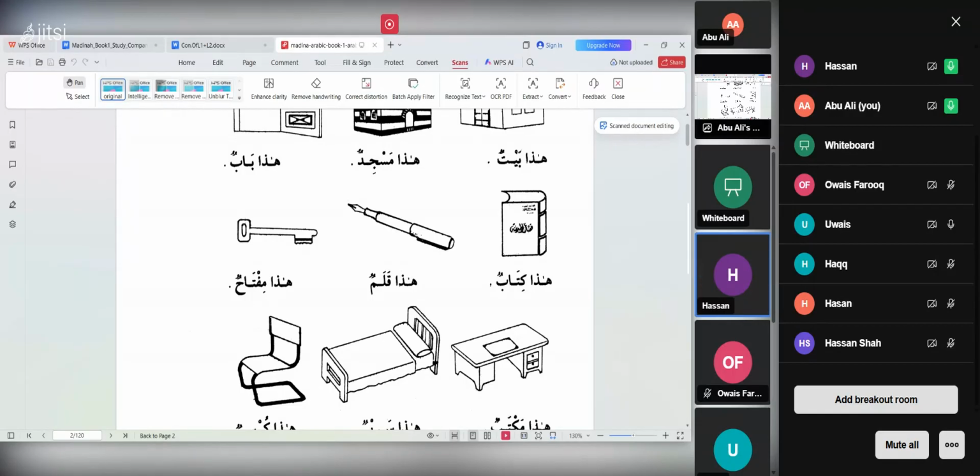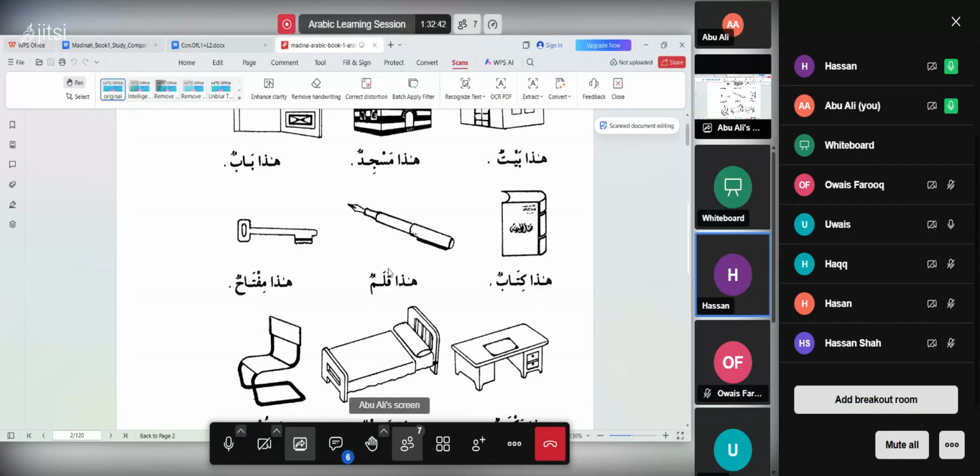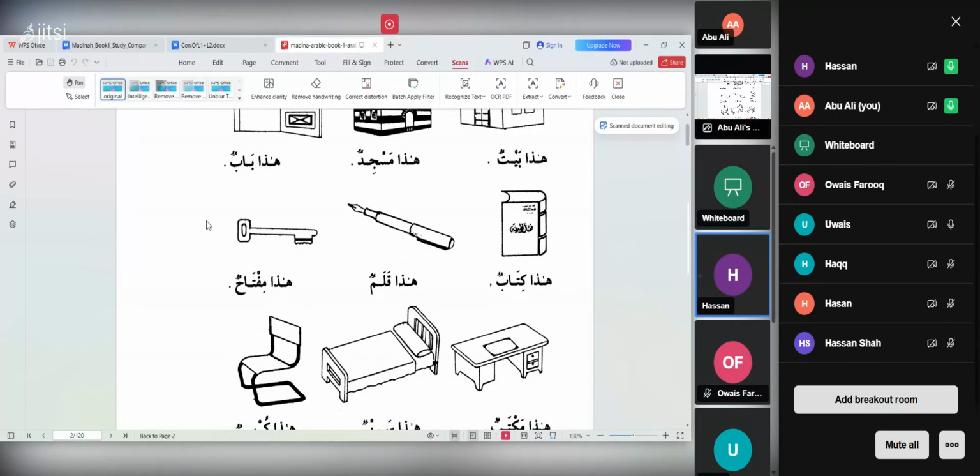Let me look back. Take your time. هذا is the مبتدأ and قلم is the خبر.